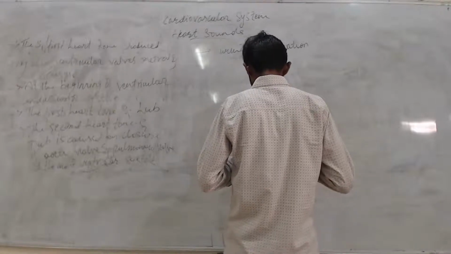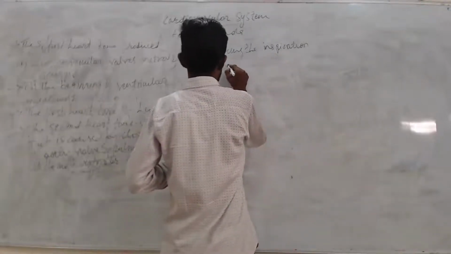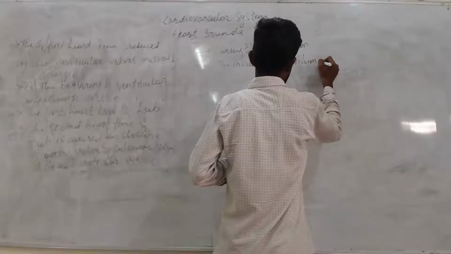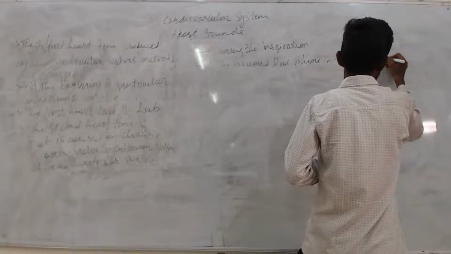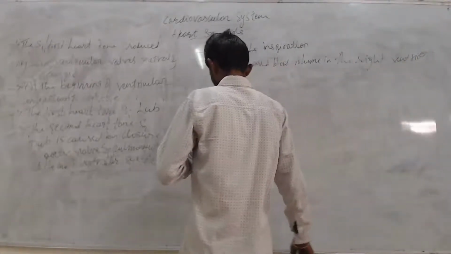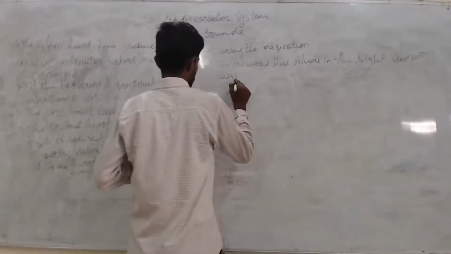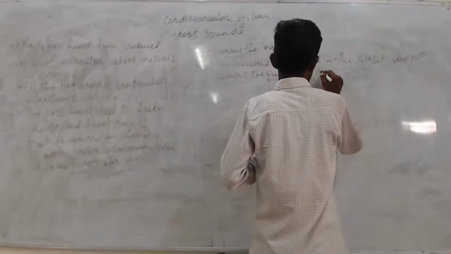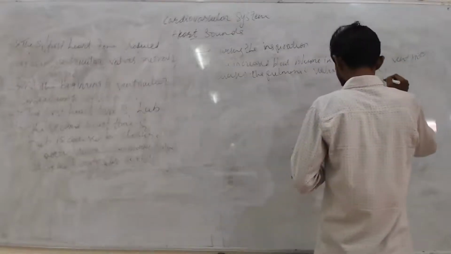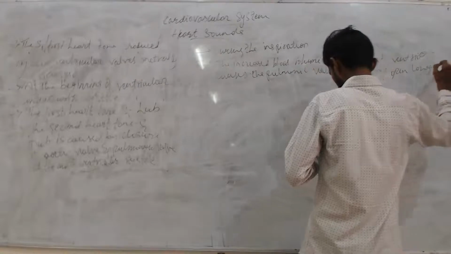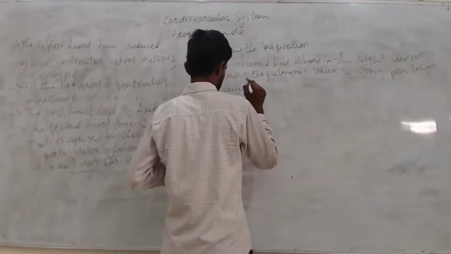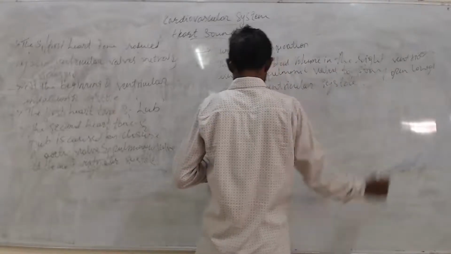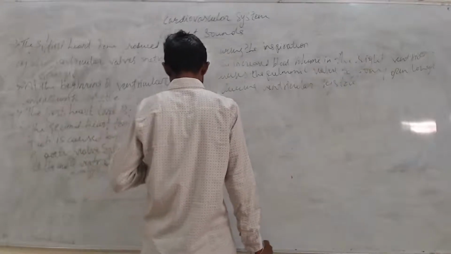The increased blood volume in the right ventricle causes the pulmonary valve to stay open longer during ventricular systole. This causes an increased delay in the P2 component of S2.